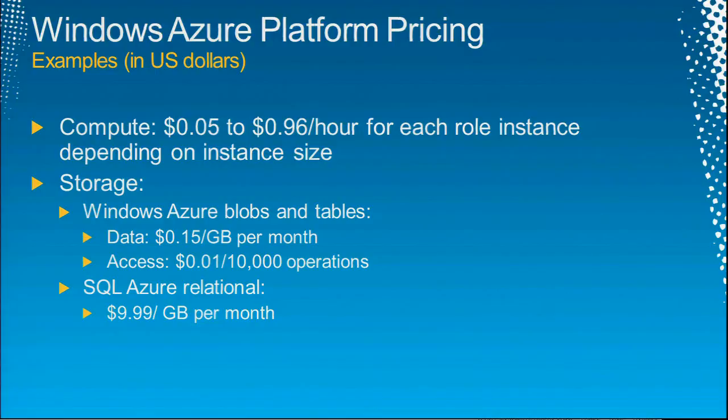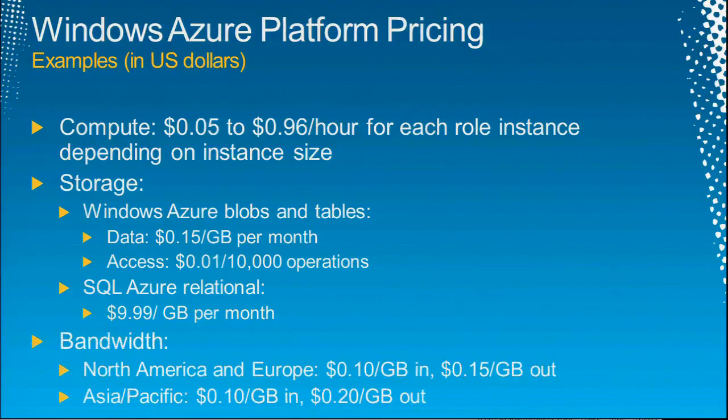And the third big component, bandwidth. You pay per gigabyte of data moved in and out of Windows Azure data centers. 10 cents in, 15 cents out, a little bit more in Asia Pacific, because bandwidth costs more in that part of the world. You've got to understand here, you're paying for gigabytes moved in and out of an Azure data center.